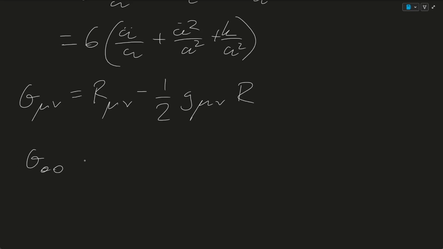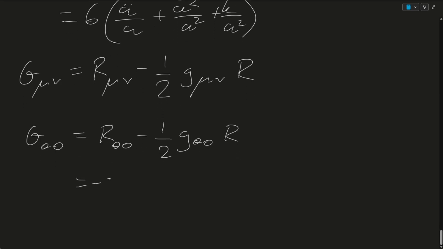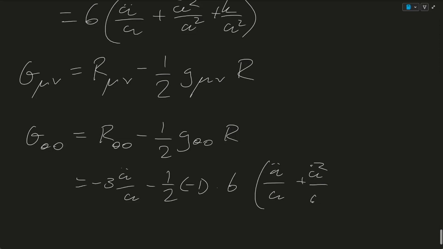So G00 is equal to R00 minus 1 over 2 g00 R, which is minus 3 a double dot over a minus half times minus 1 times 6 a double dot over a plus a dot squared over a squared plus k over a squared.